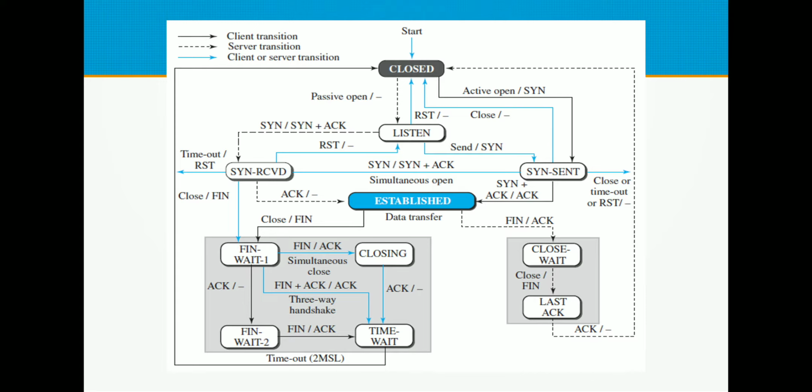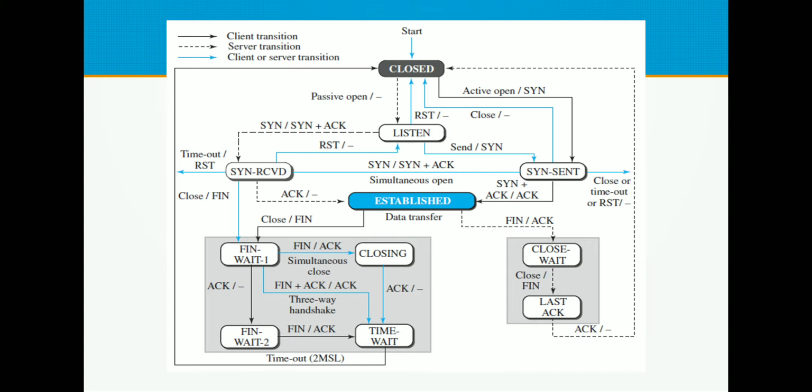All the rounded rectangles here, either closed, listen, established, FIN-WAIT, and so on, represent states. So the states are shown using rounded rectangles, and the transition from one state to another is shown using arrows, or directed lines.